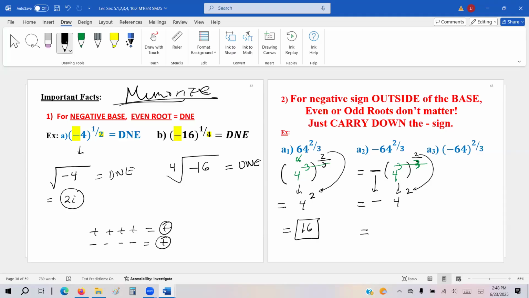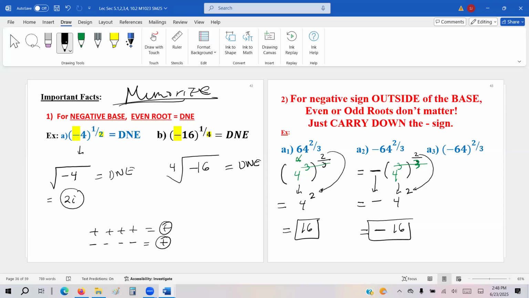Which one? How is this negative connected, as a base or as a multiplication? Multiplication. So the answer has to be negative 16. As long as you don't have a parenthesis, it's a multiplication. Parenthesis means base, like the next one.